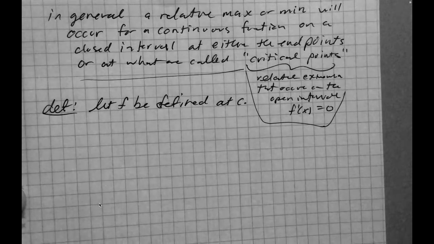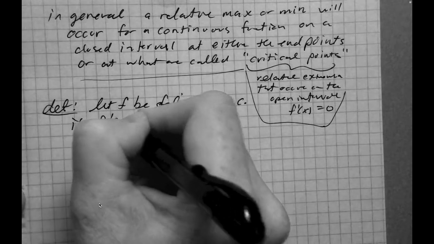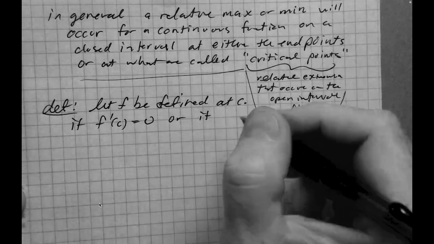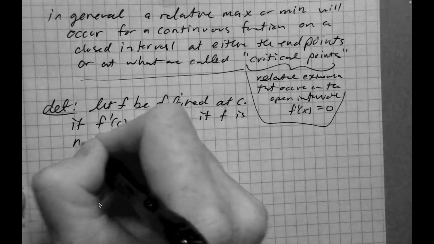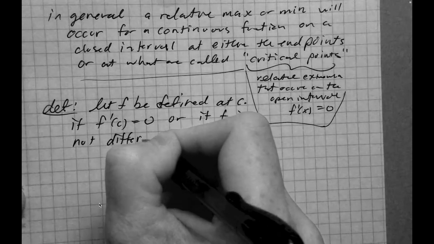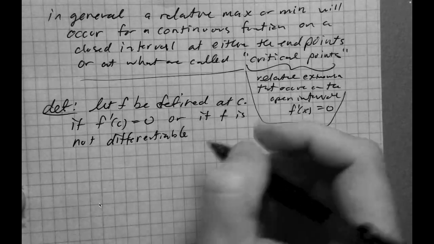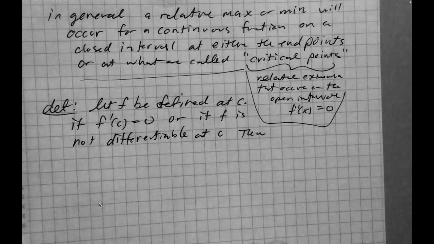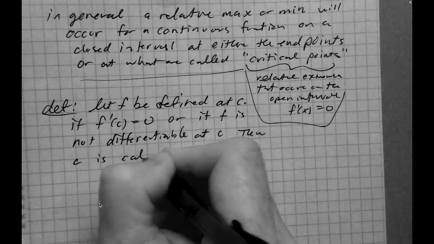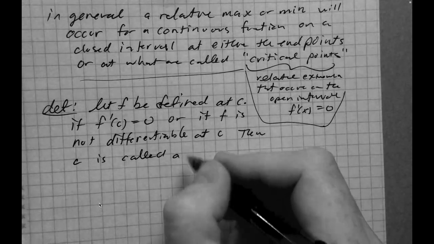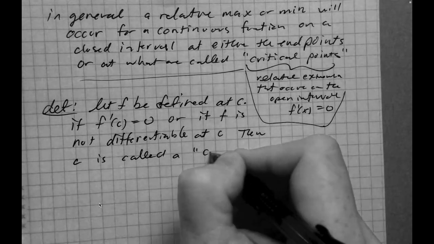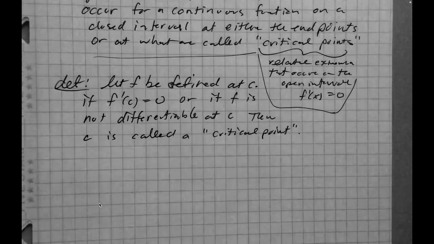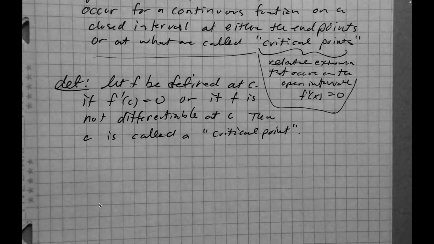If f prime of c equals 0, or if f is not differentiable at c, then c is called a critical point. Sometimes people just call them critical numbers. It's the same kind of thing here.